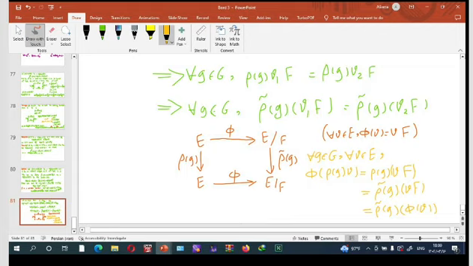And so we see that for any g in G and for any v in E, phi of rho g of v equal to rho tilde of g of phi of v.